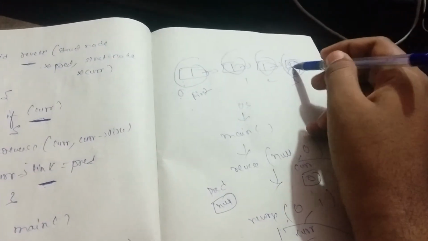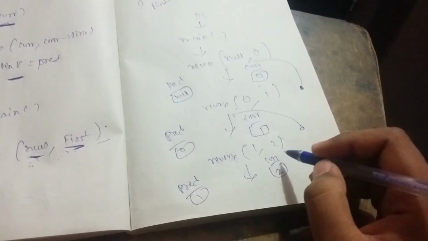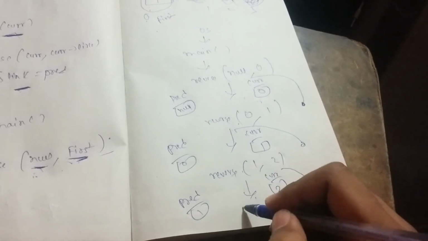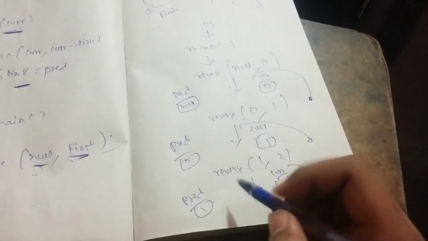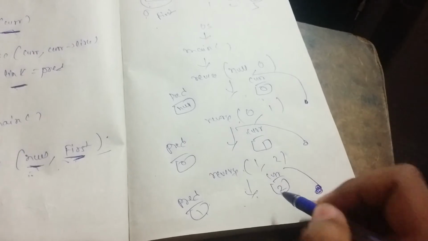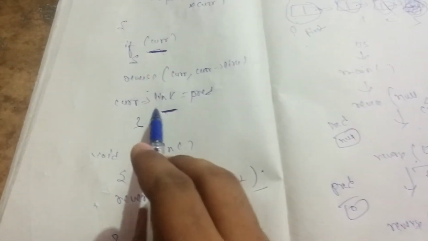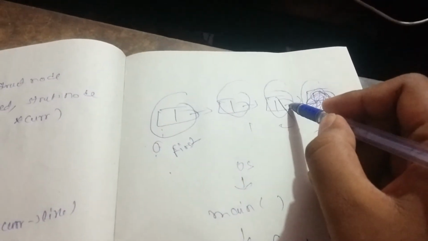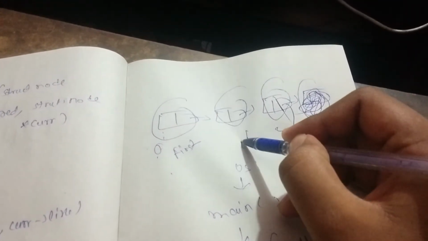Let's take 0, 1, 2. Okay, only 2 is enough for explanation. Next 2, and also code to change the address. We executed it. The predecessor node is now 1, current node is equal to 2. What is the code here? Current link equal to predecessor, that is, 2's link is going to be the predecessor.